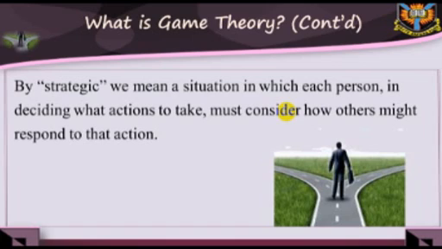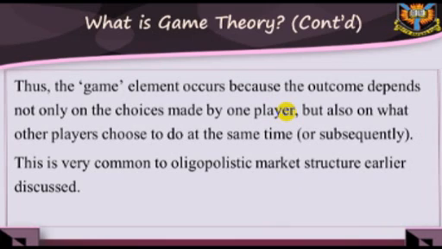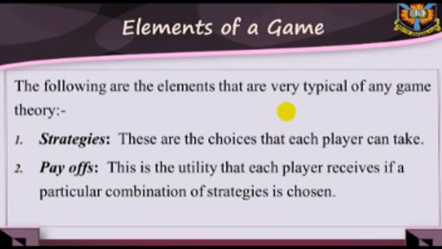Elements of a game. The following are the elements that are very typical of any game theory. A. Strategies. These are the choices that each player can take. B. Payoffs. This is the utility that each player receives if a particular combination of strategy is chosen.